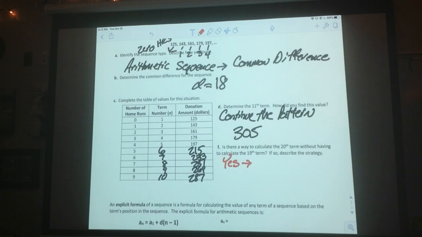What we're going to do is we're going to multiply. Oh my gosh, that's terribly written. Sorry about that.